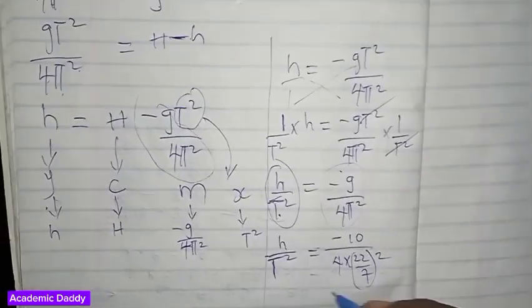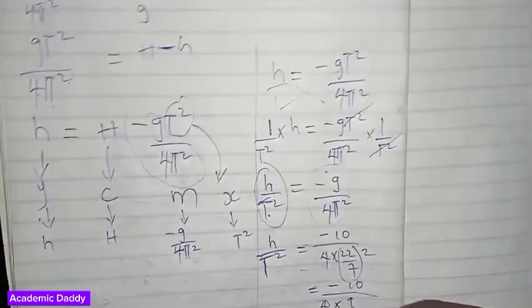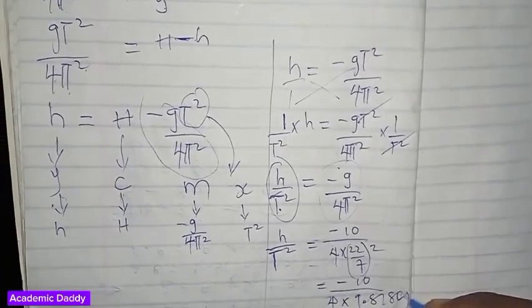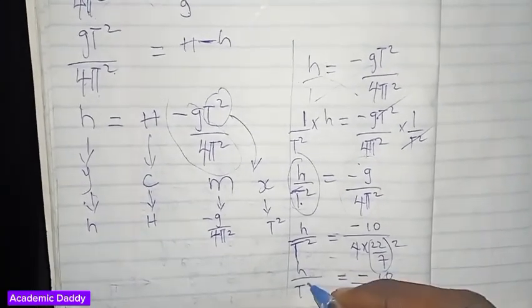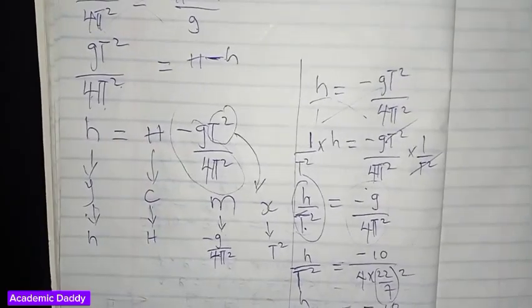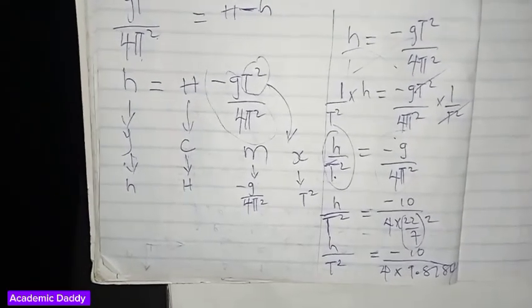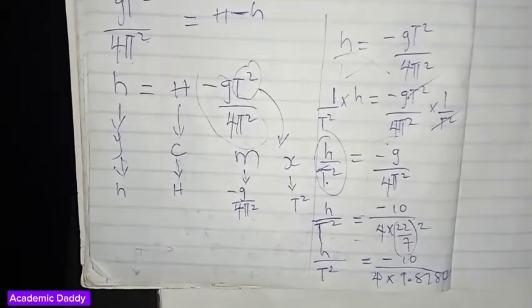So I have equals minus 10 all over 4 times 9.8784. So h over t squared. Let's do 4 times 9.8784.